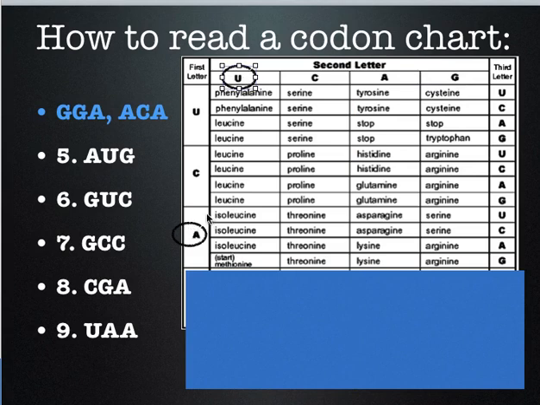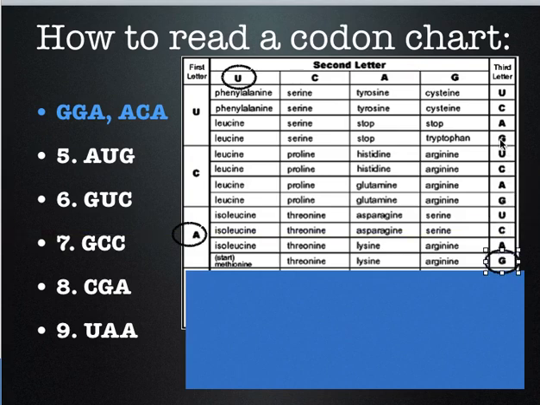So where the A and the U intersect, it's only going to be one of two words, isoleucine or start methionine. To figure out which one it is, I need the third letter, G. So I need to move this down to this G right here.